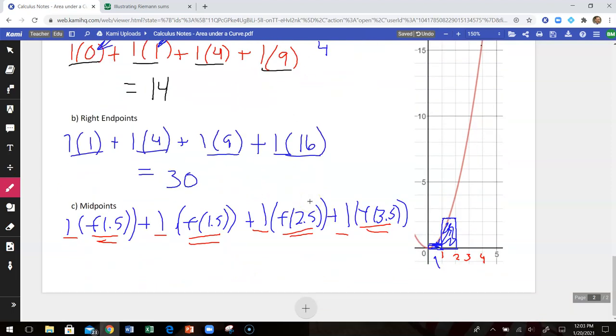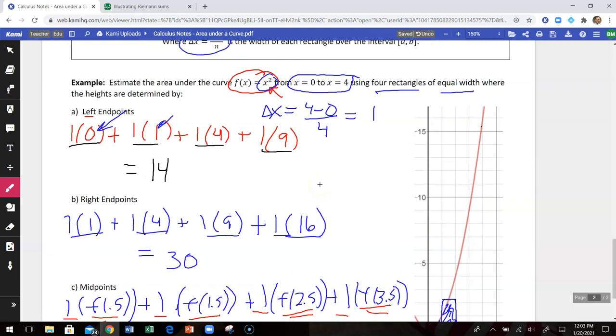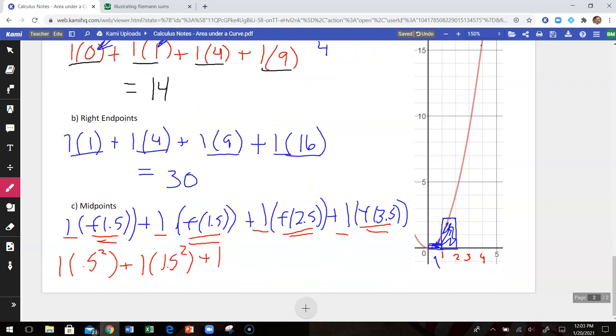And so, what's that look like? That looks like 1 times 0.5 squared plus 1 times 1.5 squared. And again, this is because my function is x squared, plus 1 times 2.5 squared plus 1 times 3.5 squared. And if you evaluated all those and added them all together, you get 21.